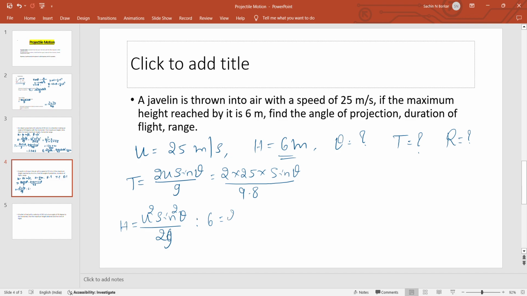6 is equal to 25 square multiplied with the sine square theta divided by 2 into 9.8.